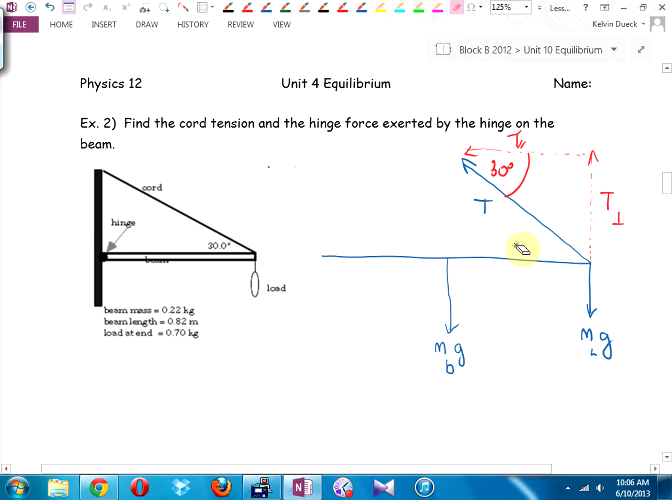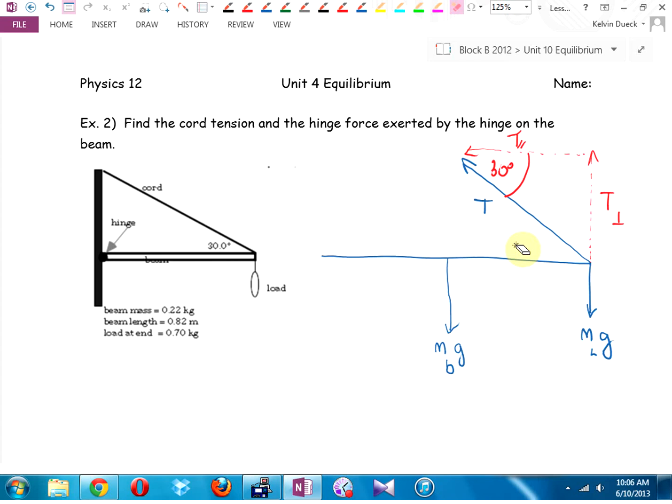That can't be it. Why can't that be the only forces on this system? Well, notice which way tension parallel is exerting a force? To the left. Are there any forces to the right now? Then this couldn't be an equilibrium.